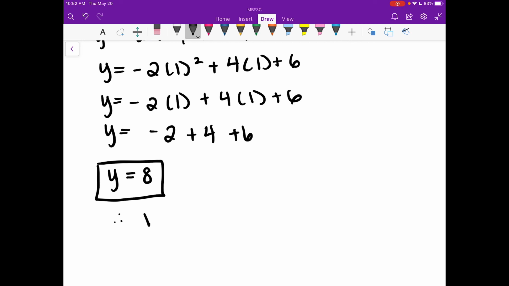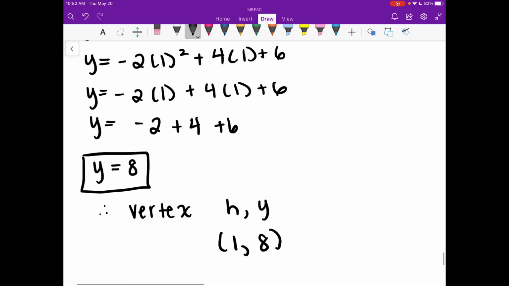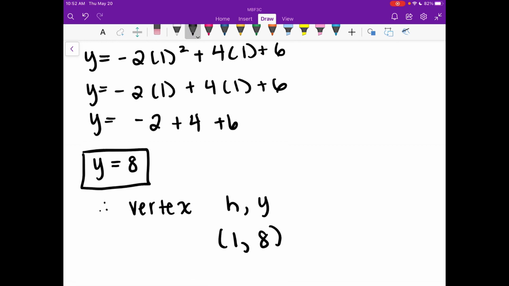Therefore, my vertex is going to be HK, my H was 1, my K is 8, right? Or HY in this situation. Therefore, vertex is 1 and 8.